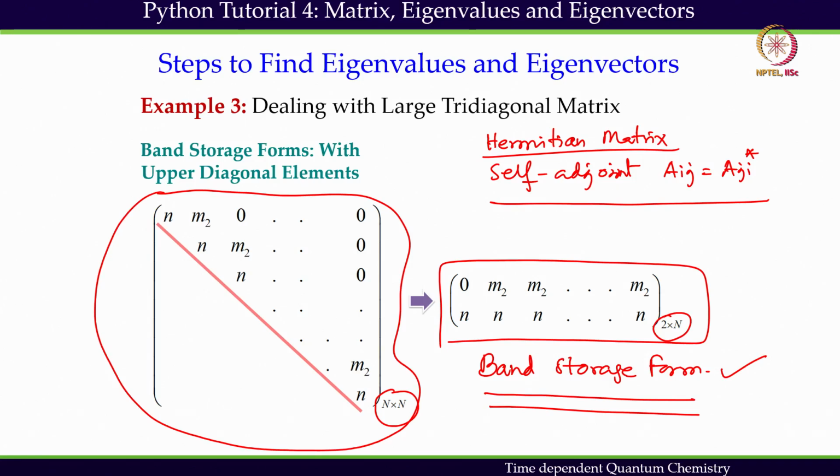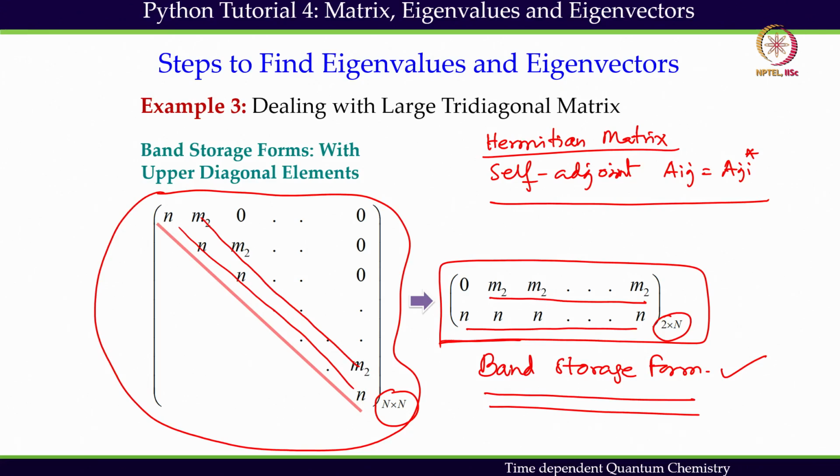There are two ways one can store the tridiagonal matrix in the band storage form. One is with the help of upper diagonal elements. We know that this is the diagonal element and this part is the upper diagonal element. With only the upper diagonal elements I can store it like this: first there would be 0 and then the upper diagonal elements, and then the diagonal elements.